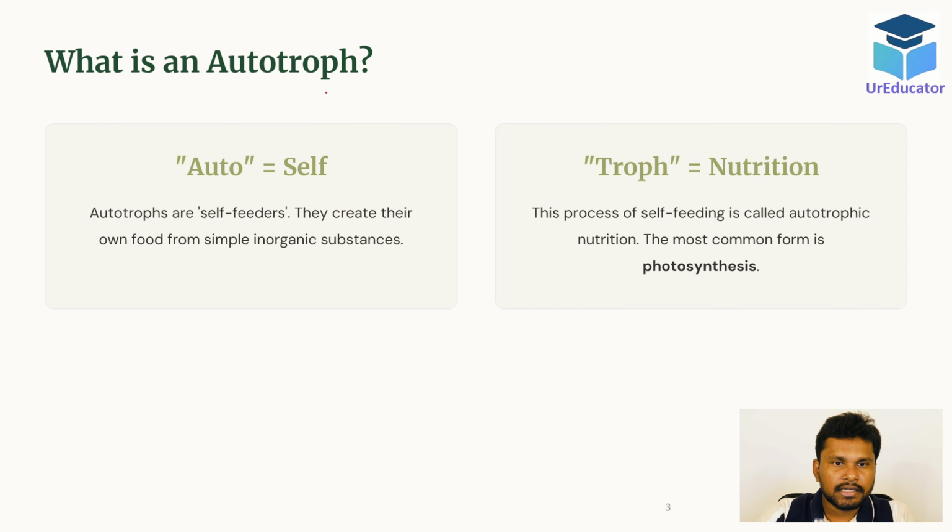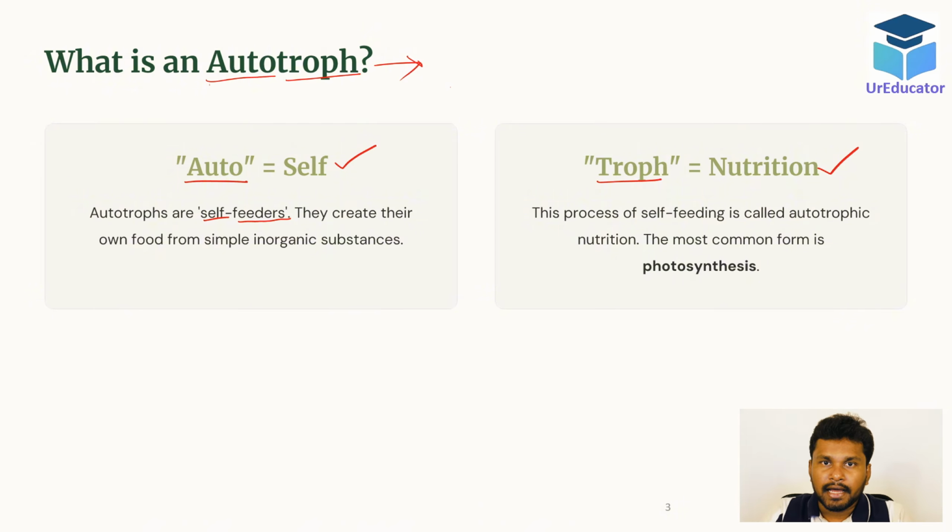So, what is an autotroph? This is one of the self-explanatory words where the word auto means self and the word troph means nutrition. Autotrophs are self-feeders. They feed themselves.